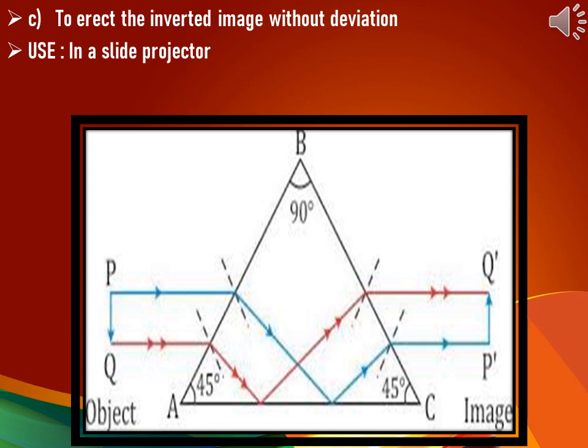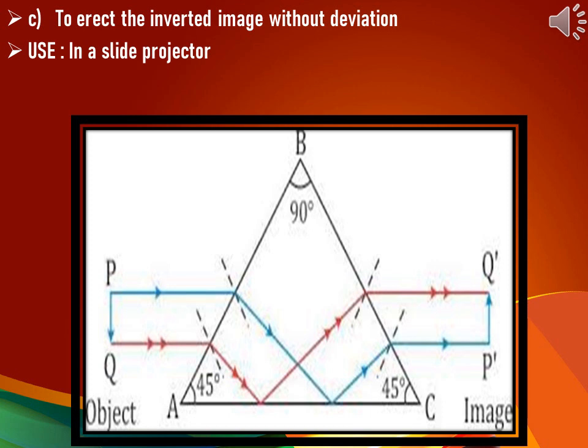The beam inside the prism now strikes the face BC at an angle of incidence less than the critical angle. Hence, it suffers refraction from glass to air and bends away from the normal. The beam emerges parallel to the face AC.